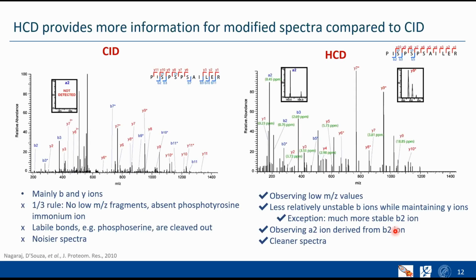They both produce B and Y ions, but HCD has higher energy, right? So it actually has less. And here we see the sequence, right? And the present fragments.